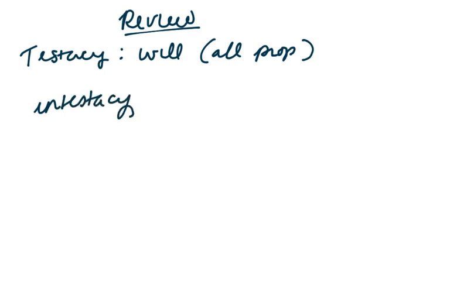It could also be the case that the decedent leaves no will, and in that case, the probate estate passes through intestacy as well. So, no will or partial. Intestacy just supplies the default rules.